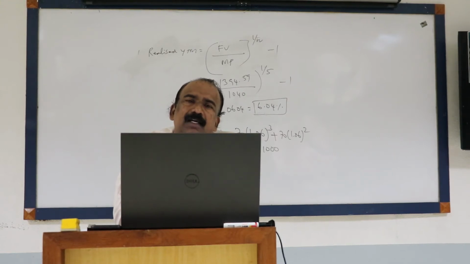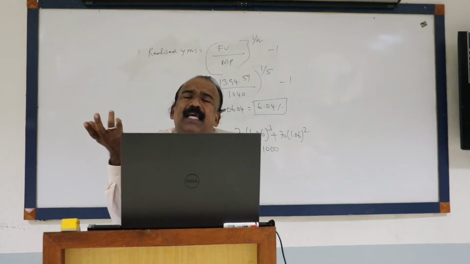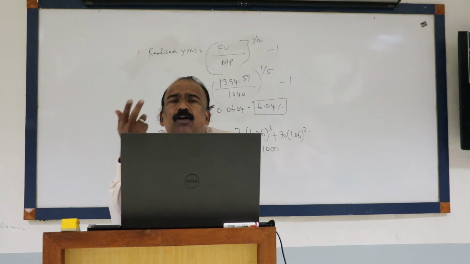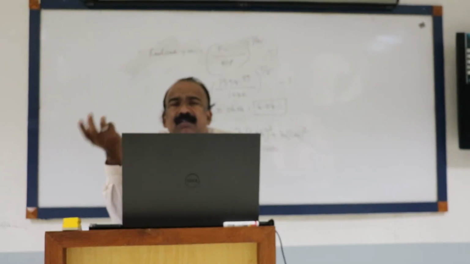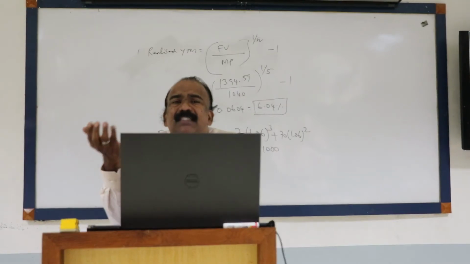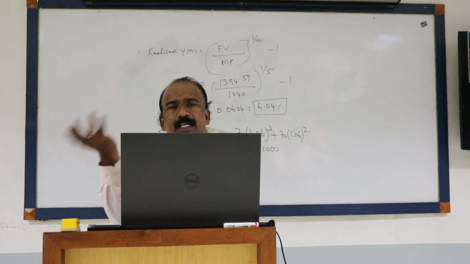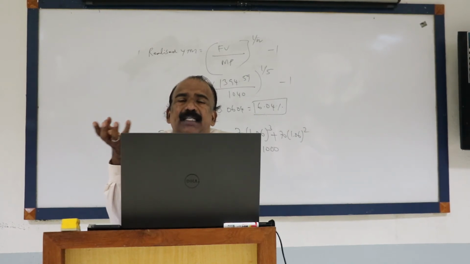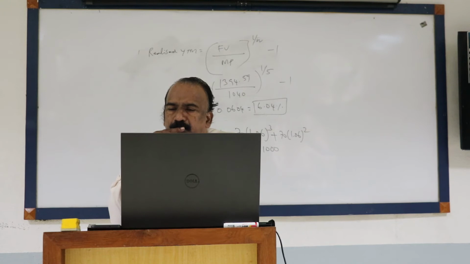So this realized YTM may not arise in a practical situation, because the investor may not reinvest the interest he receives. He will use it for personal consumption, so the realized YTM may not be applicable in a real-time situation.